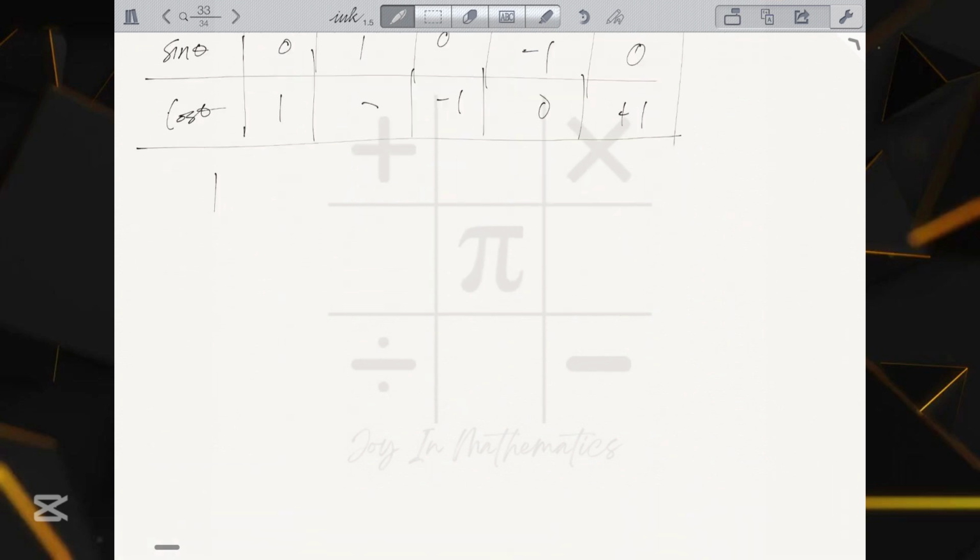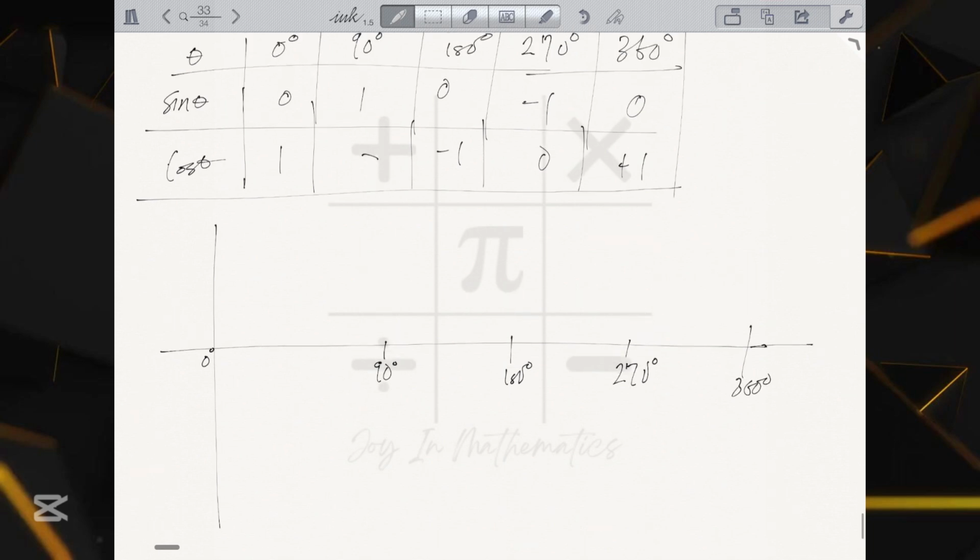So I have the Cartesian plane, and the values of my x range from 0 to 90 degrees, to 180 degrees, to 270 degrees, down to 360 degrees.